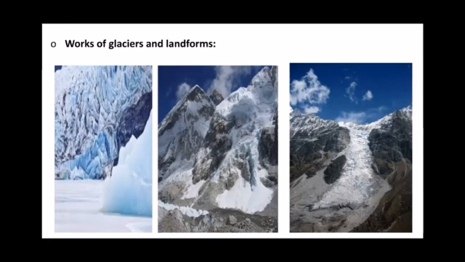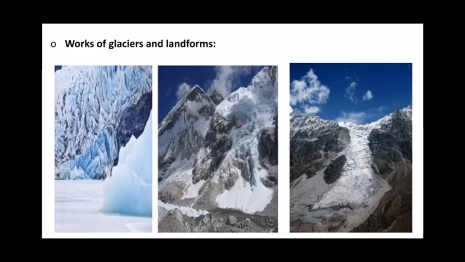Next, we will see works of glaciers and the landforms formed due to their works. So children, in regions where the temperatures are generally below freezing point, the precipitation occurs in the form of snowfall.